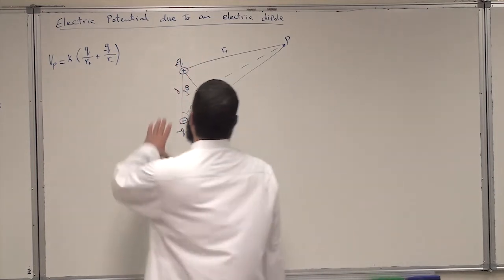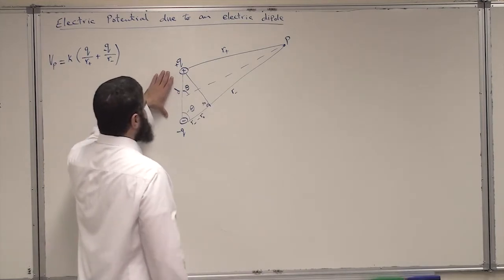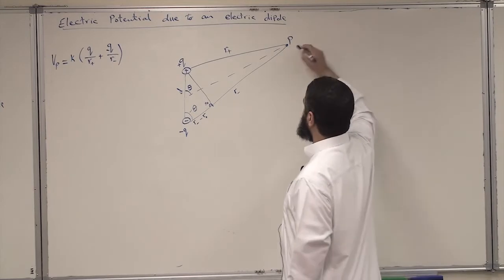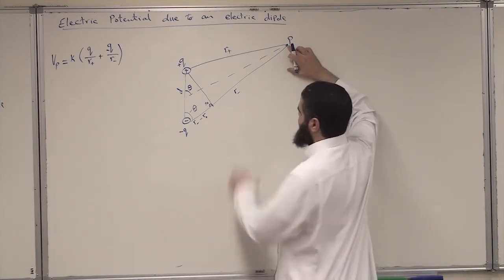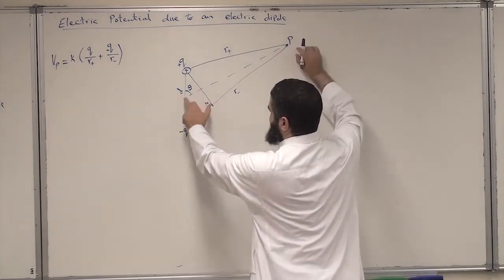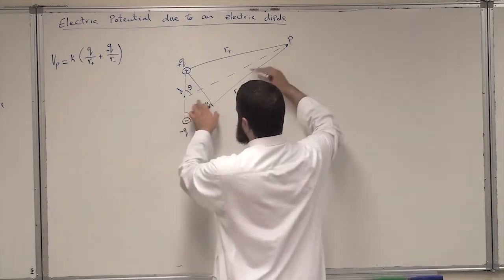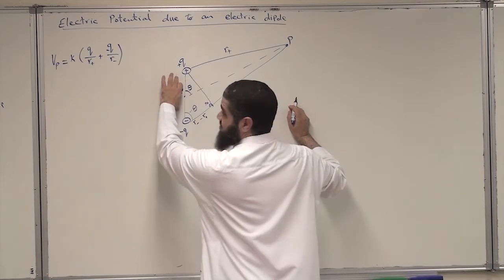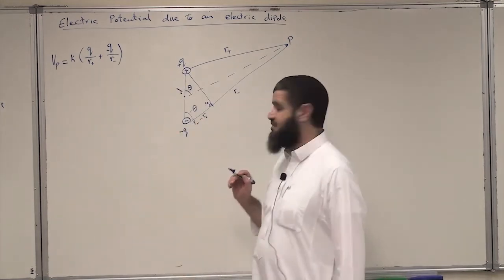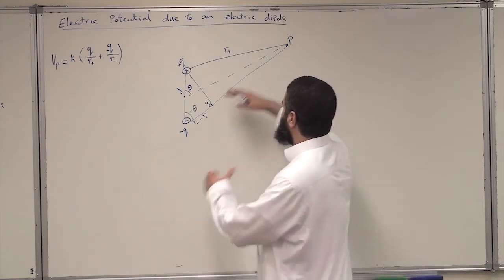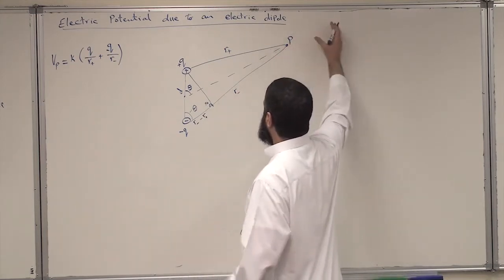Now we are interested in finding the electric potential at a certain point B very far away, meaning that the distance from the center of our dipole is very large compared to d, the separation between the two charges. This is the meaning of large distance.